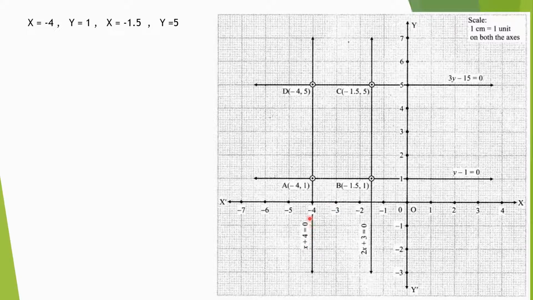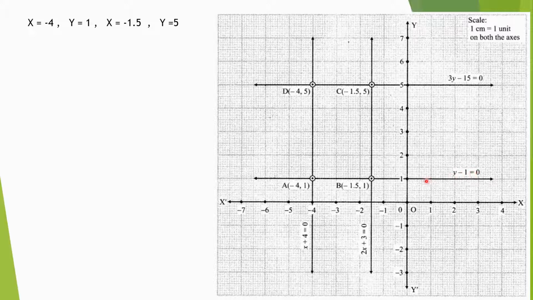And the second one is y equal to 1. This line is parallel to the x-axis and above the x-axis at a distance of 1 unit. This is y minus 1 is equal to 0.